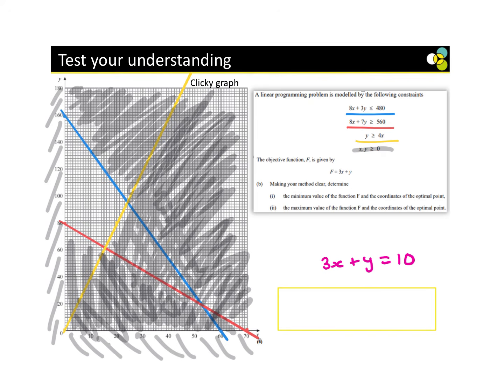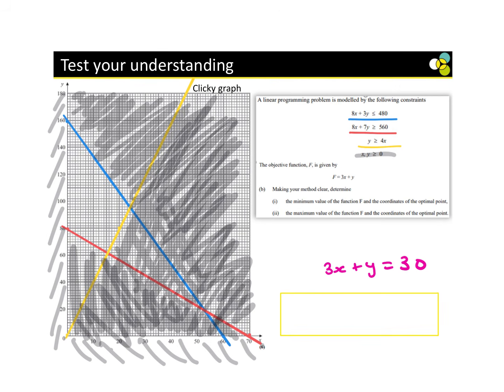No. So what do you think I'm going to make for 10? Yeah, I'm going to make it a multiple. Remember, guys, you choose what you're going to put in here. Be sensible. Use your common sense. I know you have it. So, let x equal 0, y equals 30. Then, when y equals 0, x equals 10.